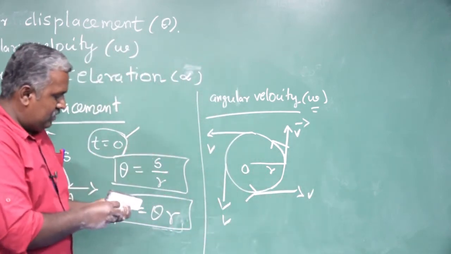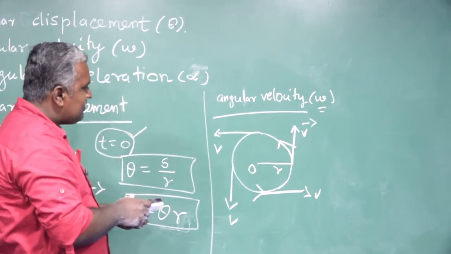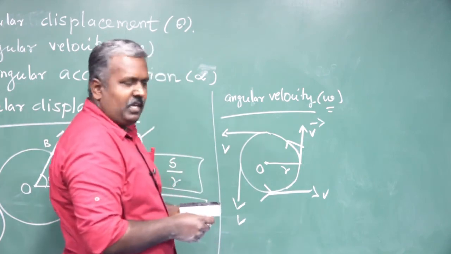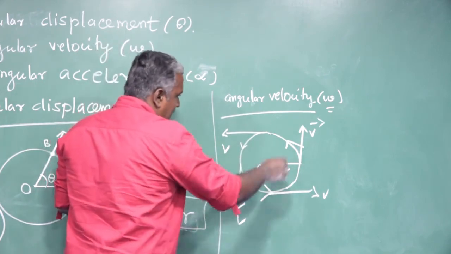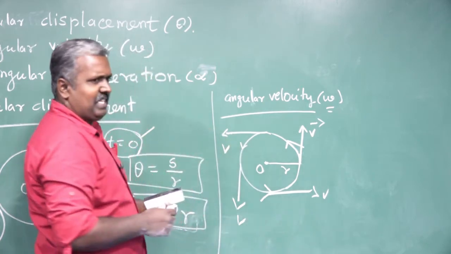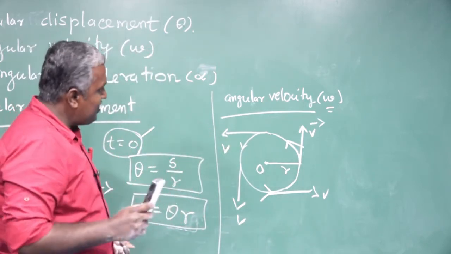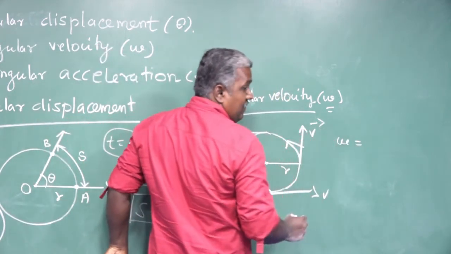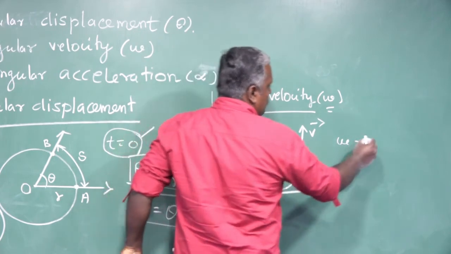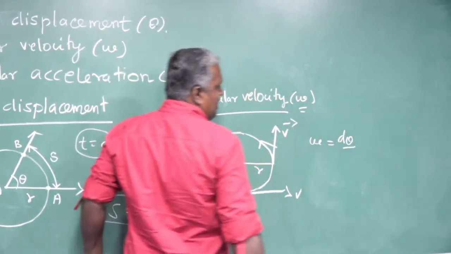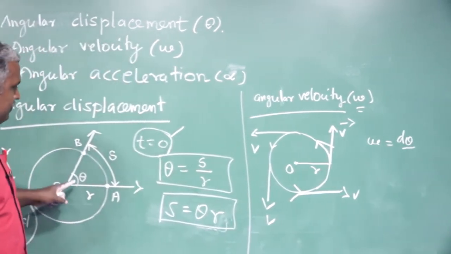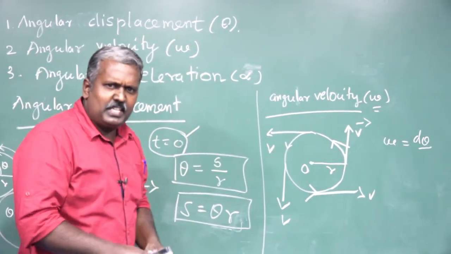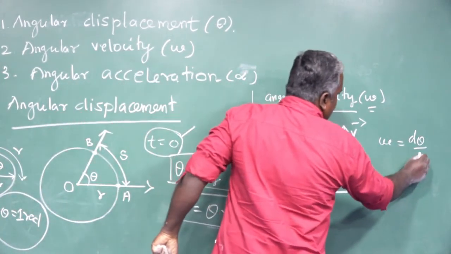Let us consider one particle revolving around this point O in a circular path, in anti-clockwise direction. So the definition: rate of change of angular displacement is called angular velocity. What is the angular displacement? Theta. So the change in angular displacement, d theta, with respect to the change in time, dt.